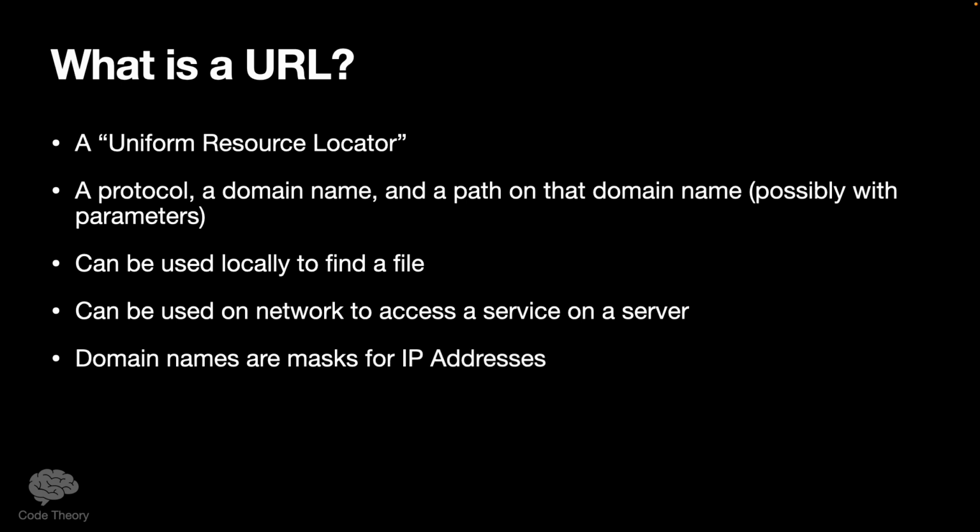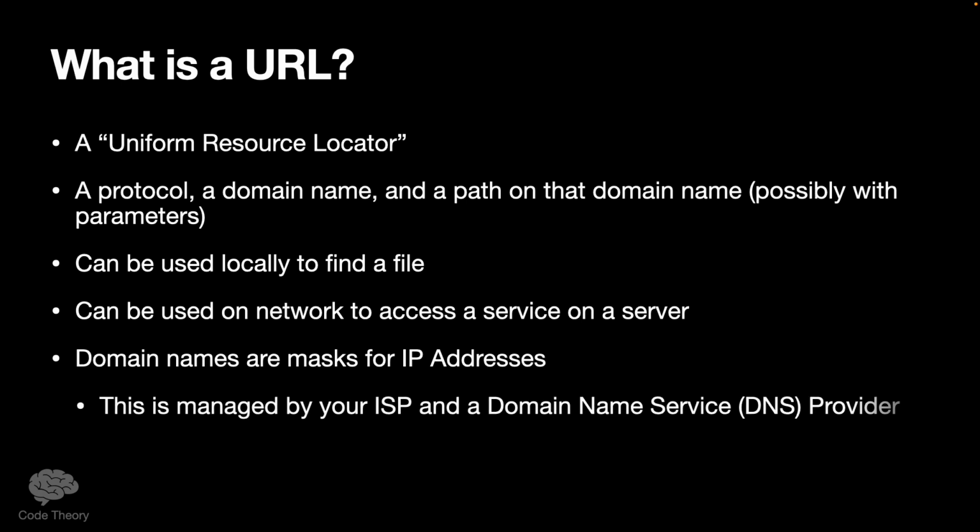And just a little implementation note, domain names are masks for IP addresses. That's managed by your ISP, the Internet Service Provider, and a domain name service, the DNS provider. Essentially, when you go to Amazon.com, some server somewhere knows that Amazon.com is hosted on this particular IP address.